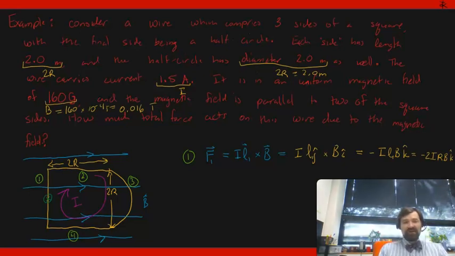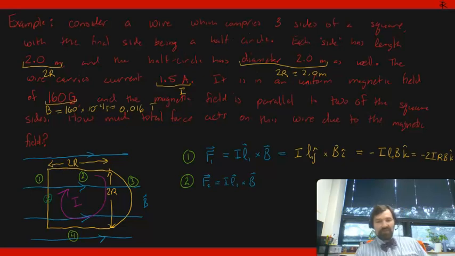Let's move on to number 2. So again, we have a uniform field and straight wire relative to direction. So this should look like I times L2 cross B. In terms of our vectors here, this is I times L2, so we might as well put the 2R in here.